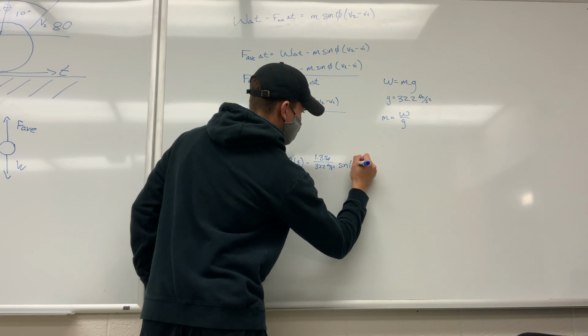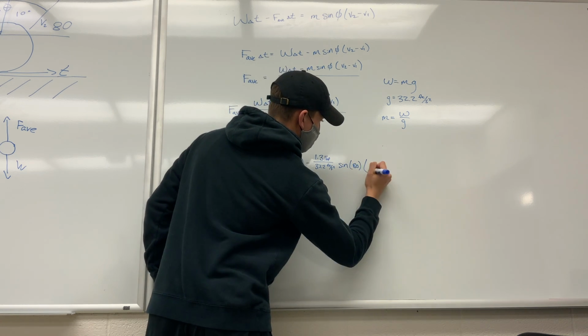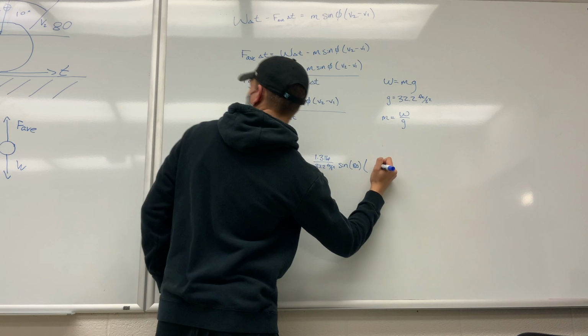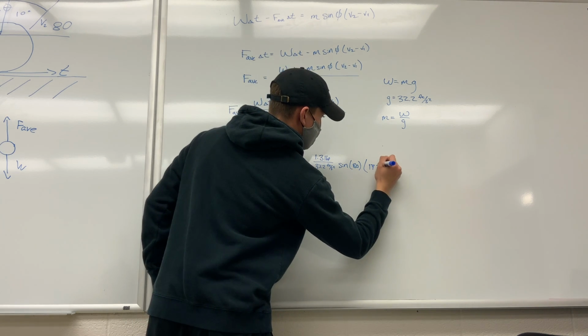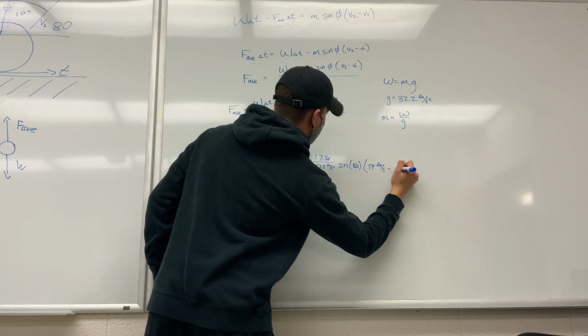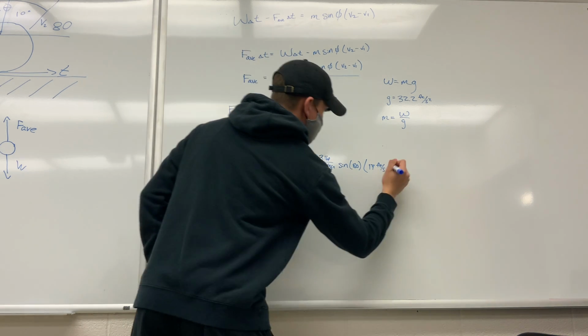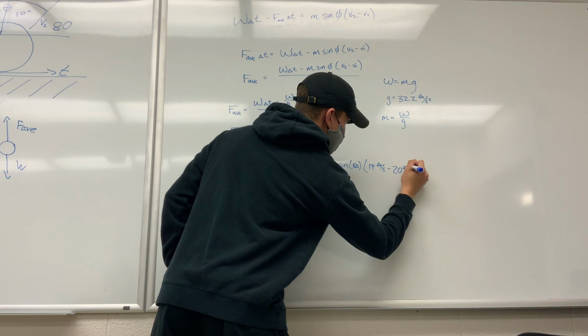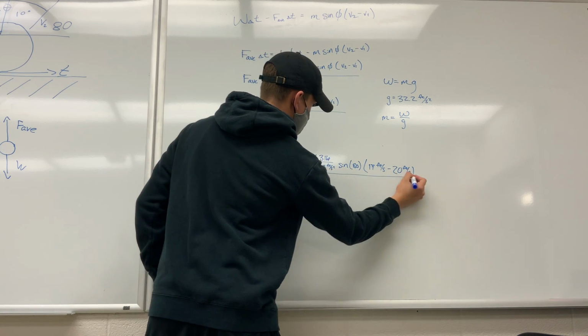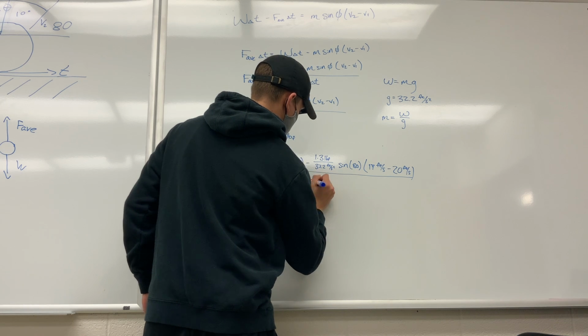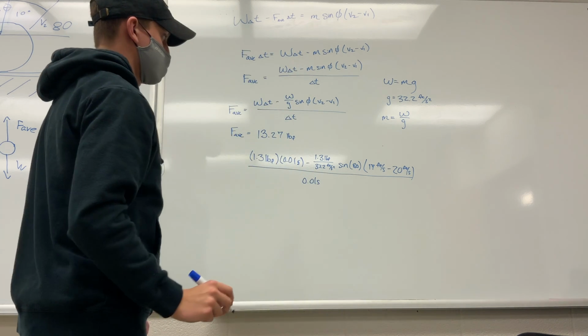This is all multiplied by the sine of 80, and then our velocities, which are v2, 17 feet per second, minus v1, which is 20 feet per second. And this is all divided by 0.01 seconds.